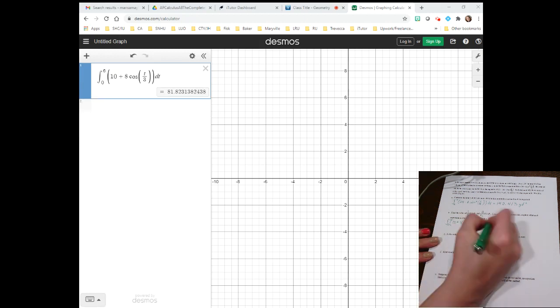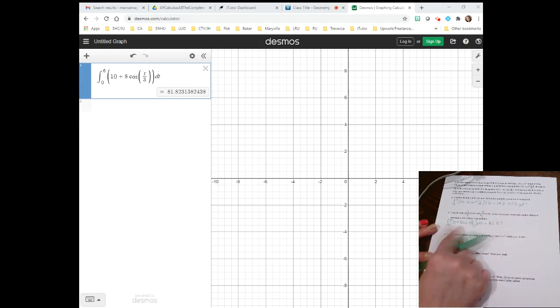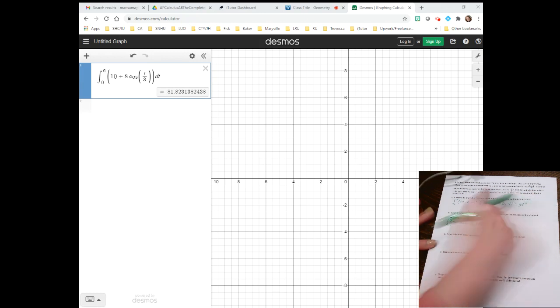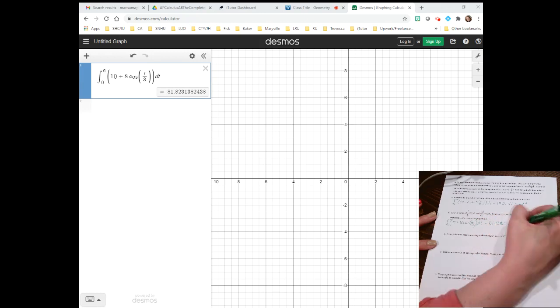And it looks like we get 81.823. Let's think about this. This is the integral of m of t, which m of t is the rate the snow melts. So this is going to be in cubic yards. And I apologize, it's 823. Again, cubic yards. This is the total snow melted in the first 6 hours.